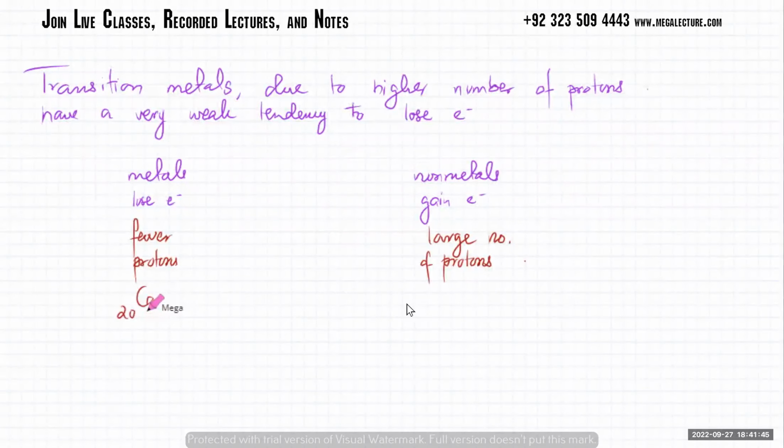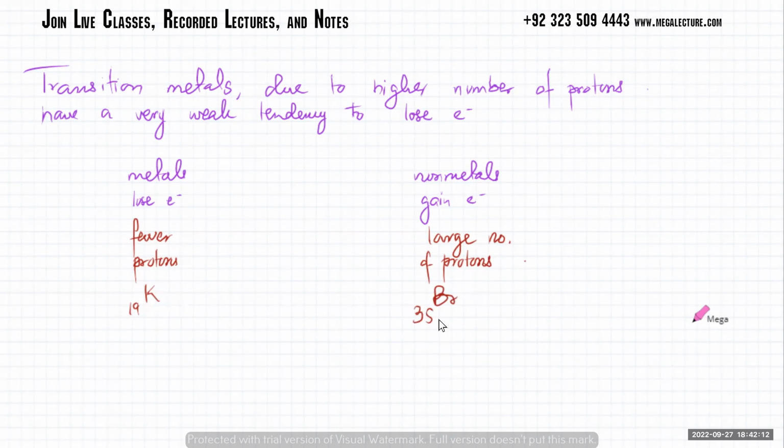Calcium likes to lose electrons, or even potassium. Let's make it potassium. Potassium is really reactive. It's got 19 protons in its nucleus. In the same period, you've got bromine on the other side. Bromine has 35 protons. So obviously the one on the right side has a very strong tendency to gain electrons.